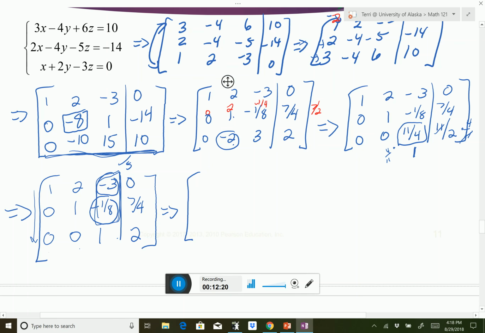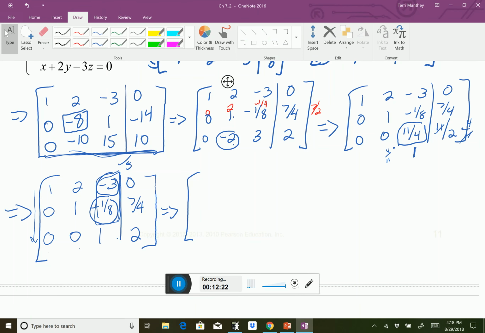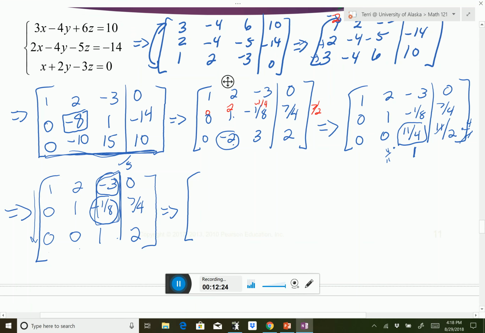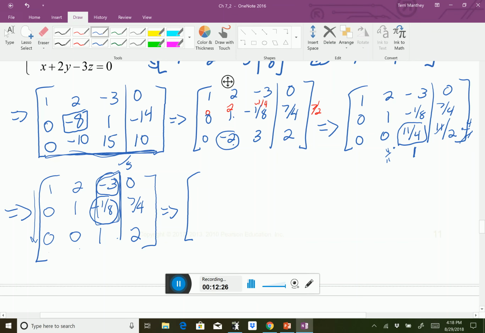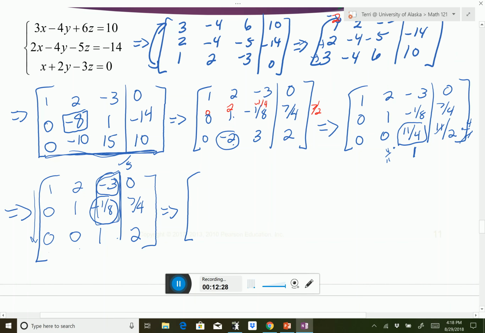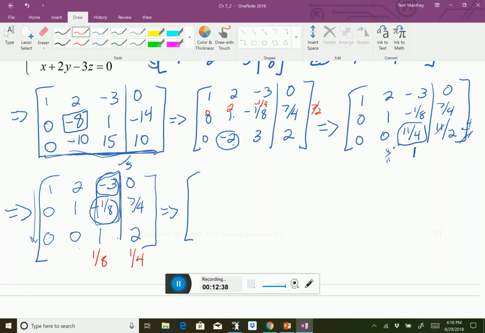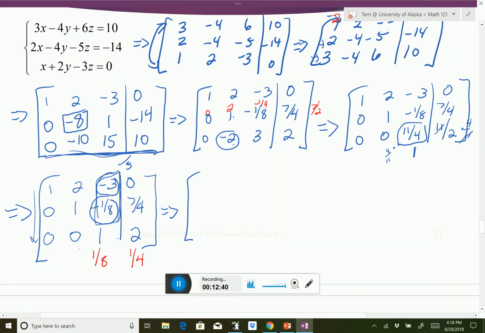What would I have to add that to get this one to be 0? I hope you say 1/8 in your head. So 1 times 1/8, 2 times 1/8 is 1/4. So let's add these two. Oops, wrong color. Blue.